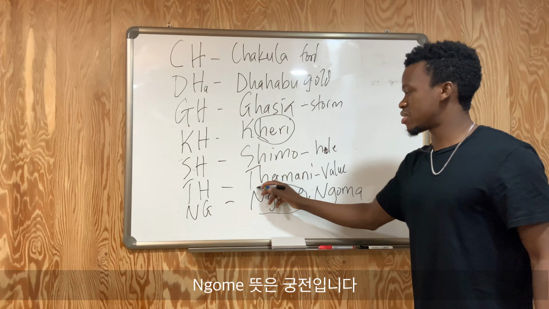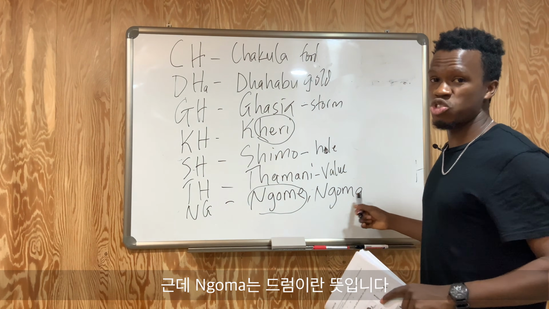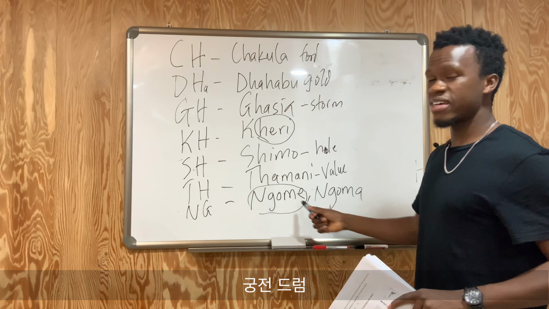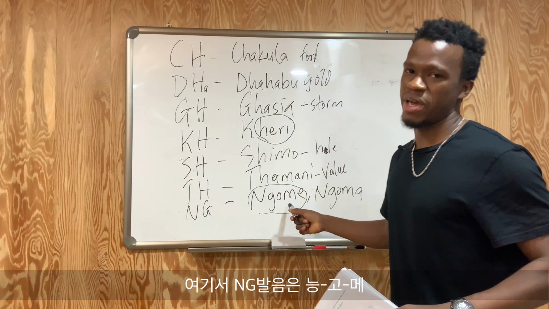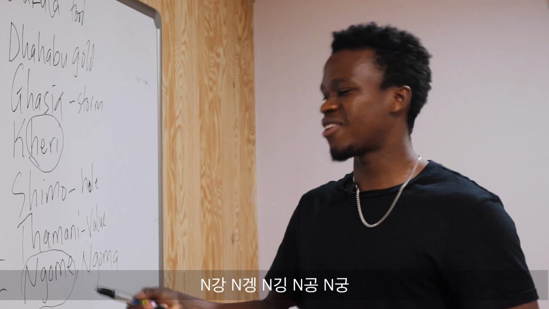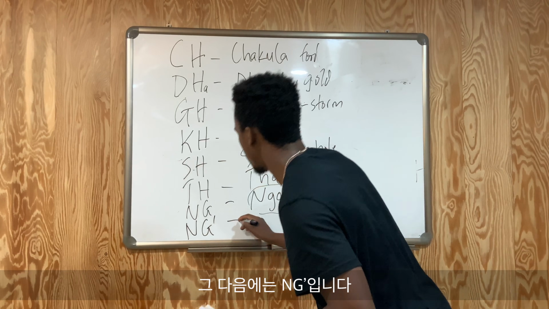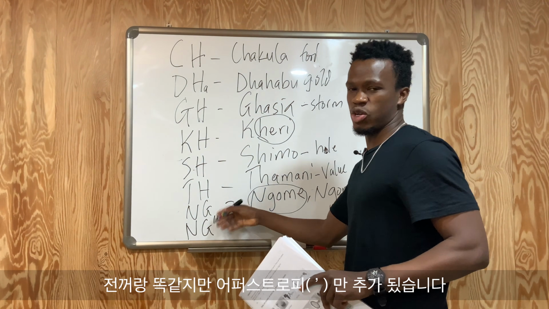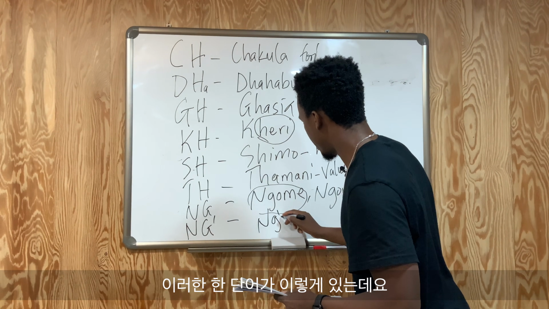Ngome means palace, but ngoma means drums. Palace, drum. But the pronunciation of NG is nga, nge, ngi, ngo, ngu. And then the last one is NG apostrophe. It's exactly the same, but you have an apostrophe. And you have one word like this one.